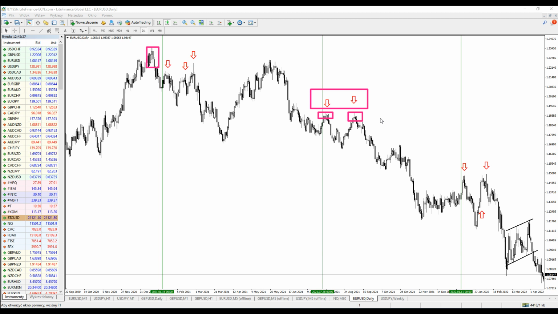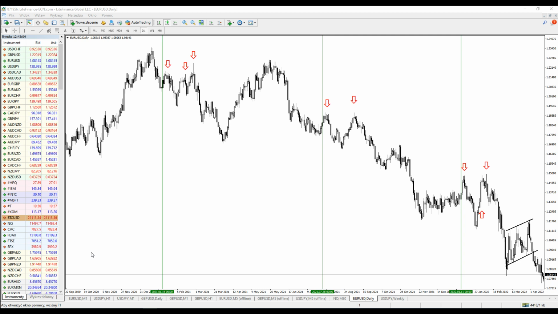What I'm trying to show you is when we are on the wrong side, sometimes we see on lower time frames a false break to the upside or to the downside. In that particular case we are talking about the rejection on the upper side.